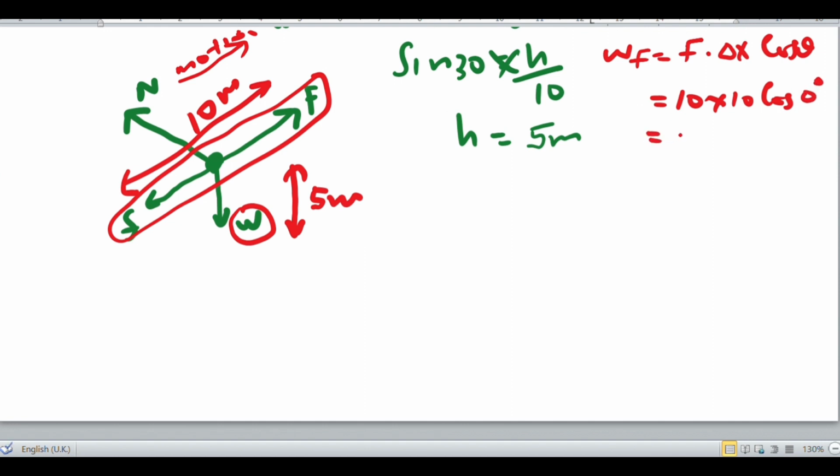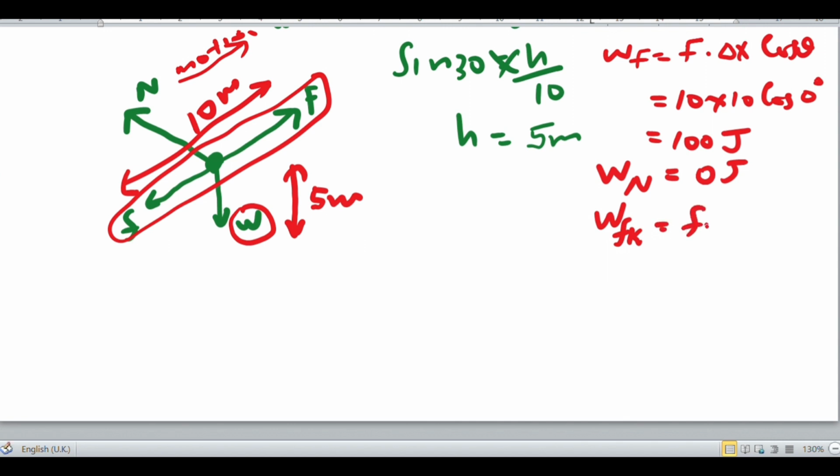So the answer is 100 joules. Then the work done by the normal force is always 0 joules.